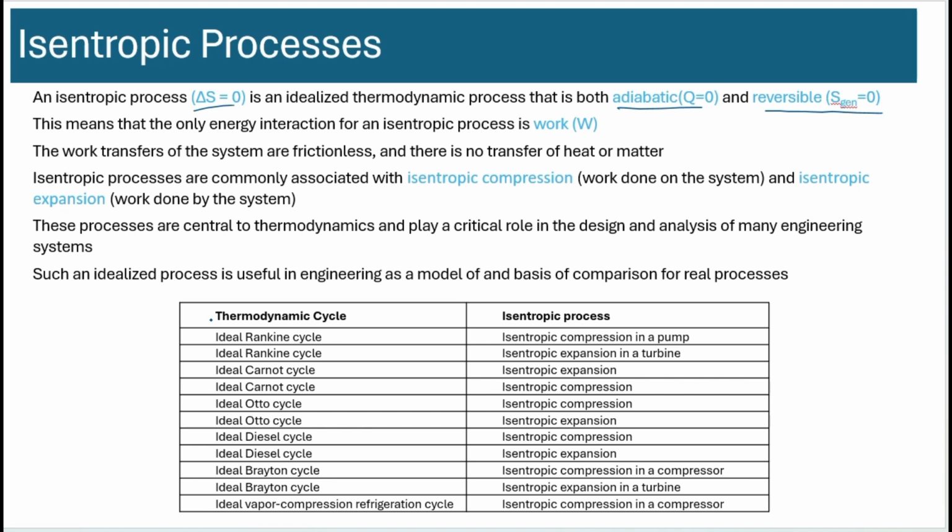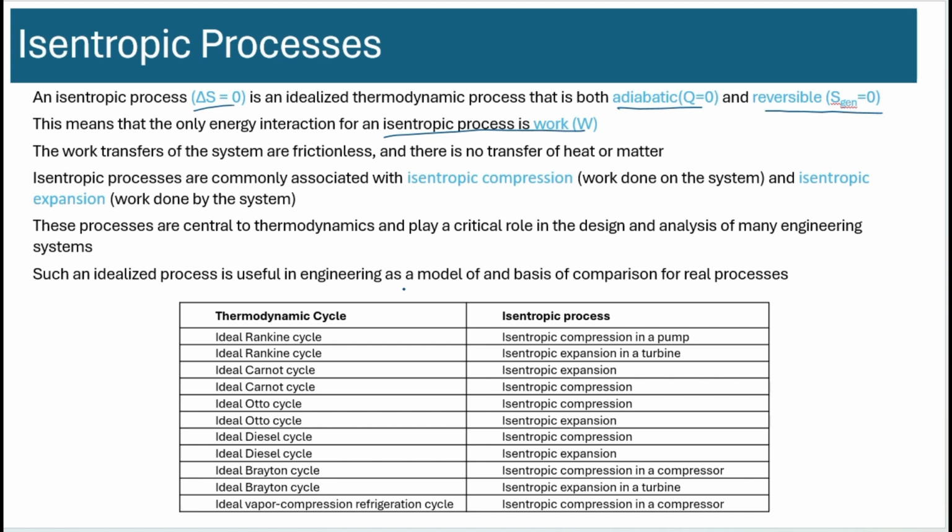So if it's adiabatic and reversible, then you can say it's an isentropic process. In such a process, the only energy interaction possible is isentropic work. You've learned about work changing the energy levels of the particles within a system, but not changing the distribution of the particles within different energy levels.